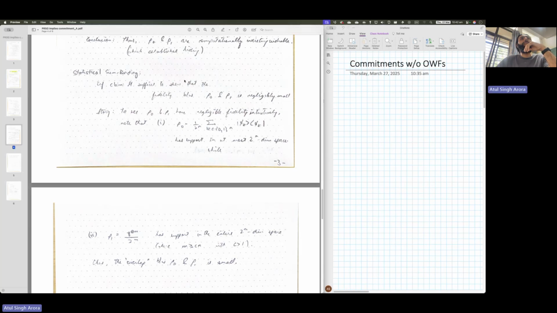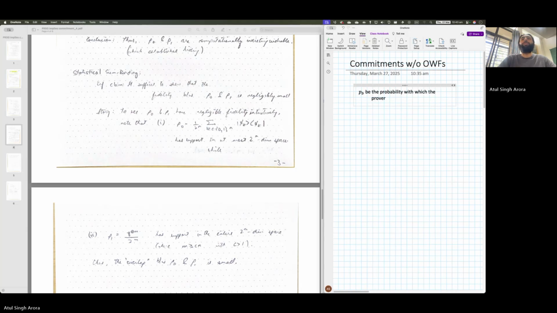suppose P sub b is the probability with which the malicious sender, let's say, can convince the receiver, or can open and give a valid opening to b.